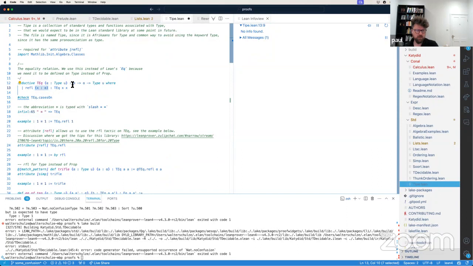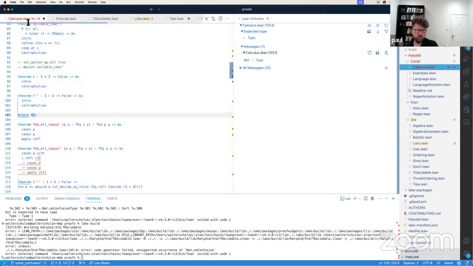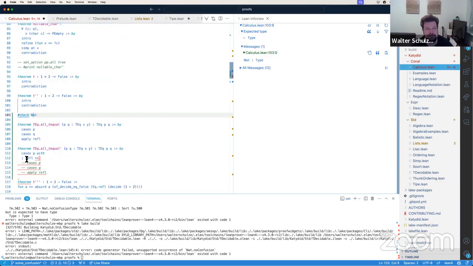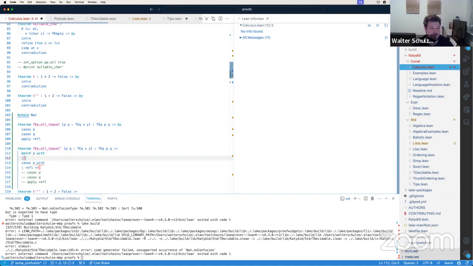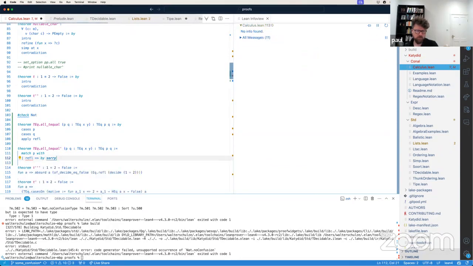If you write TEQ dot refl instead, does it allow you to pattern match? I think now you go match P with refl, and then you need the binder in here.